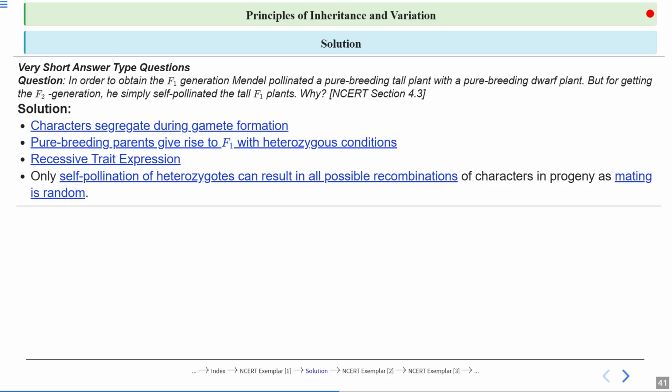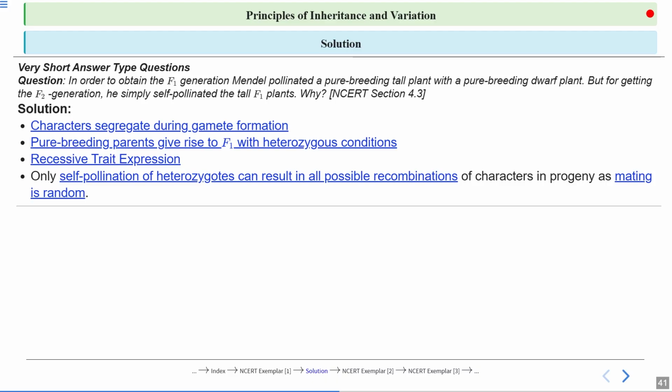Now, only self-pollination of the heterozygous can result in all possible recombinations of characters in the progeny, as mating is random. So the F1 hybrid, which was heterozygous, was self-pollinated because it will only result in all possible recombinations of the characters in the progeny, as mating is random.